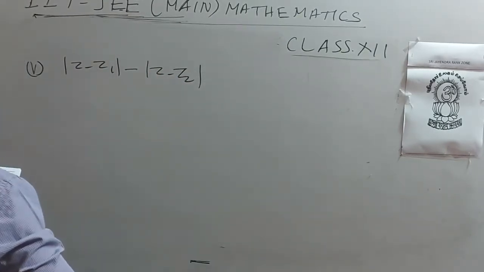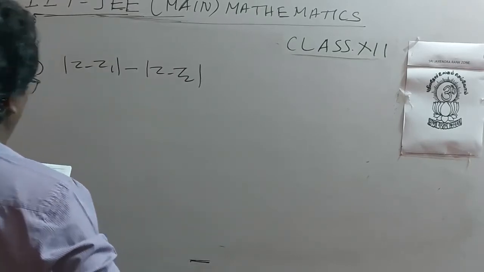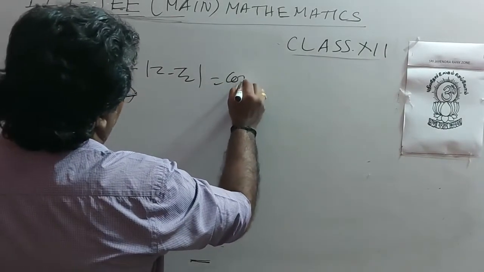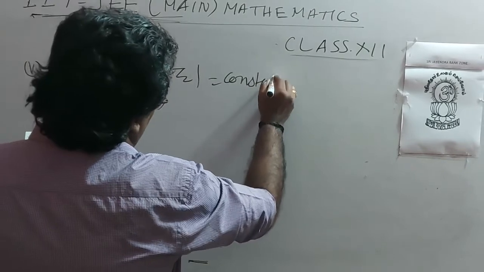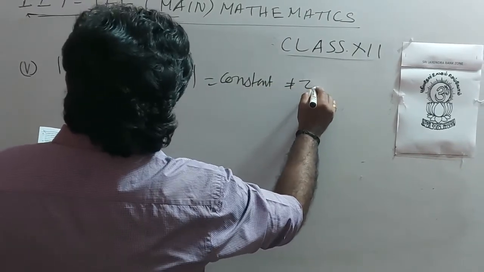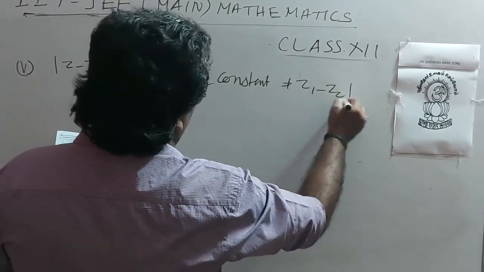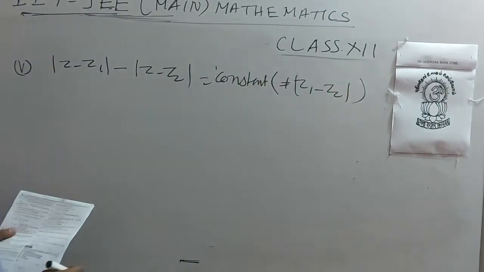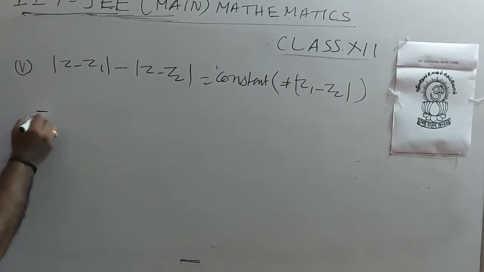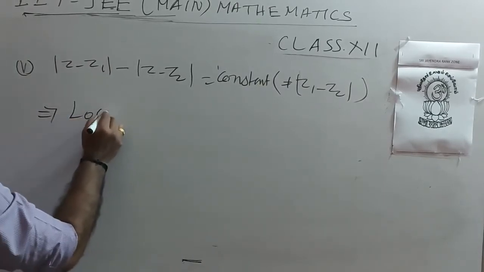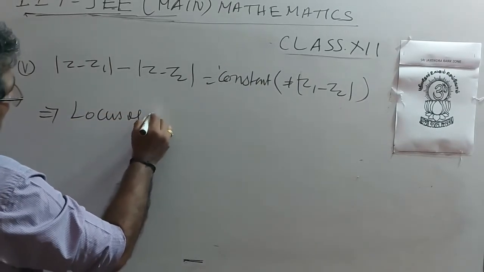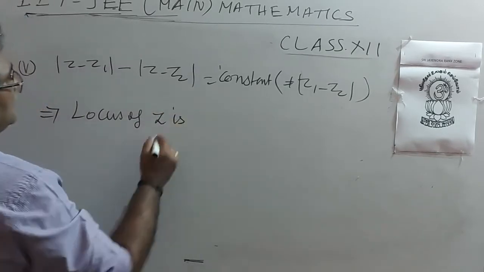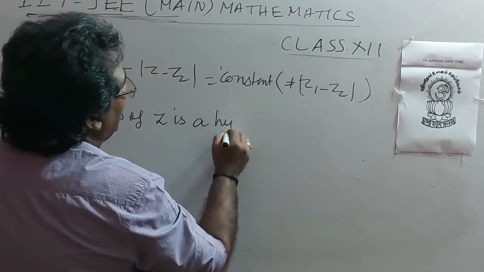Modulus of z minus z1 minus modulus of z minus z2 equal to constant, not equal to modulus of z1 minus z2, which implies locus of z is a hyperbola.